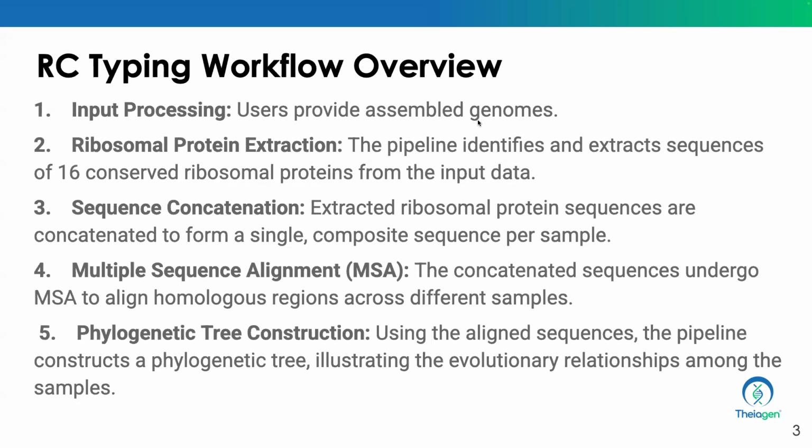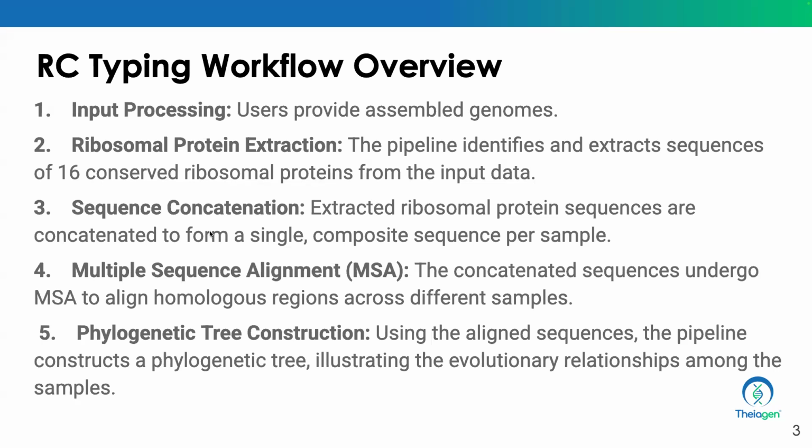So if you did your assembly using TheiaProk, then you do get a GenBank assembly, which you can use with this workflow. Once you input your assembled genomes into the workflow, the pipeline identifies and extracts sequences of 16 conserved ribosomal proteins from the input data. This is mostly done using the metadata information that, when you do your annotation, typically identifies the protein quite quickly.